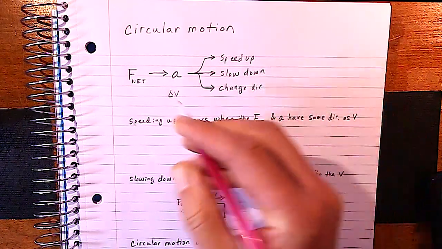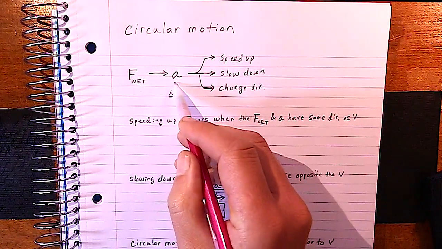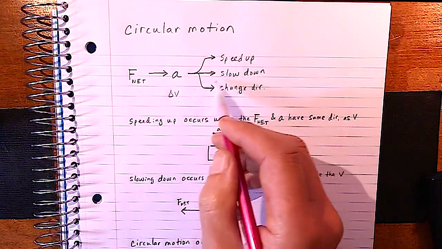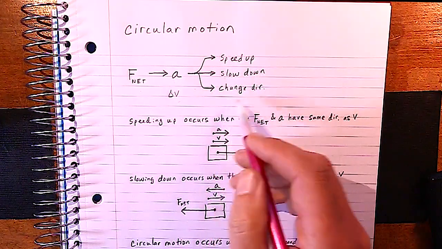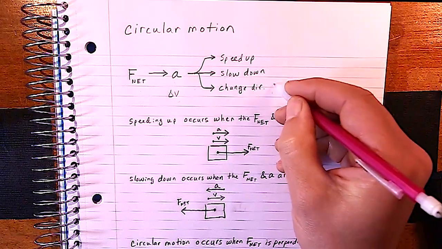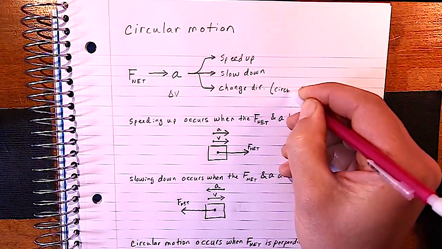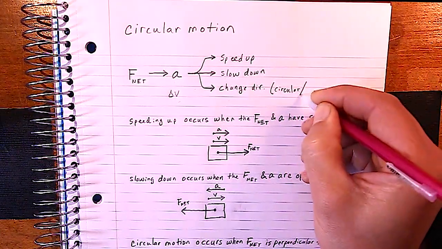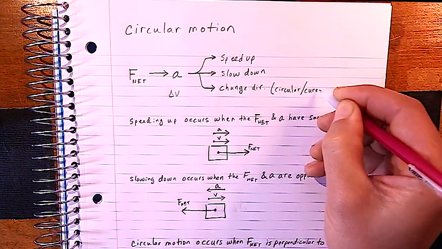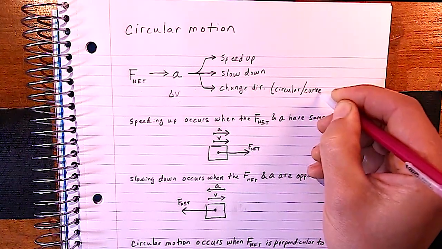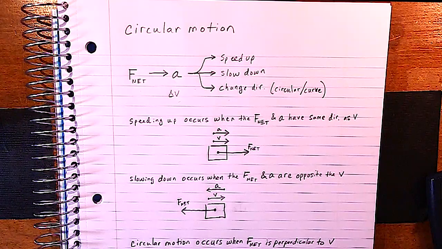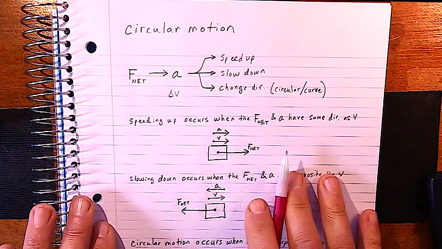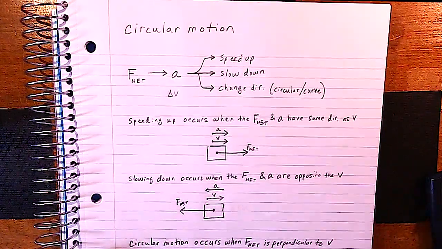So once again, a net force produces acceleration that makes you speed up, slow down, or change direction. This change in direction is going to be our circular motion, or it could be going around a curve. So let's look for a second more specifically at speeding up.